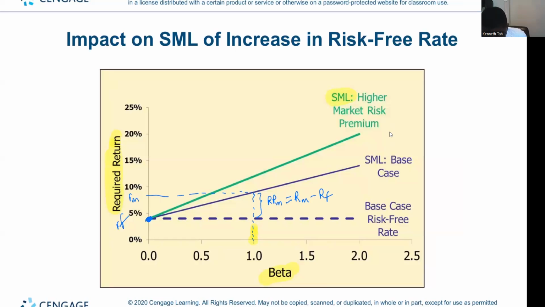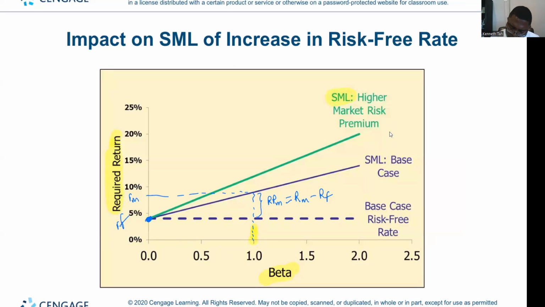That is the amount investors would like as compensation for investing in the market. So if investors' risk aversion increases, they'll want more compensation. That is what is going to move the security market line.